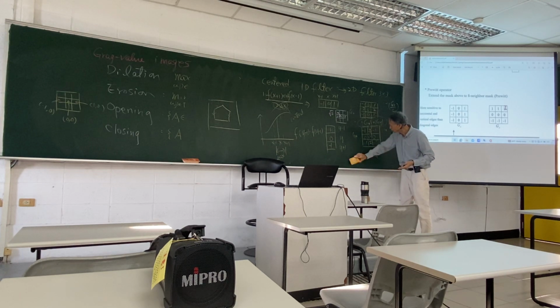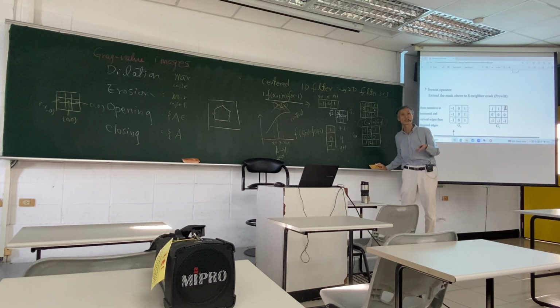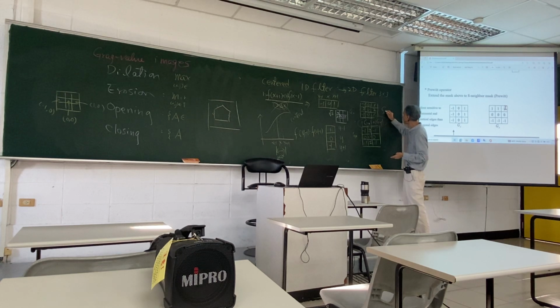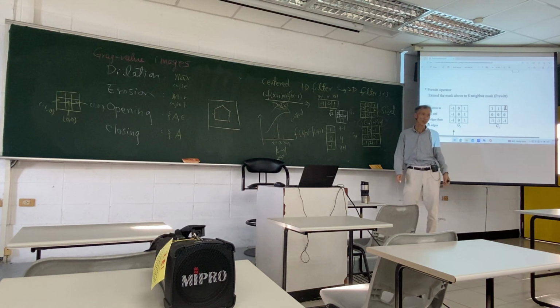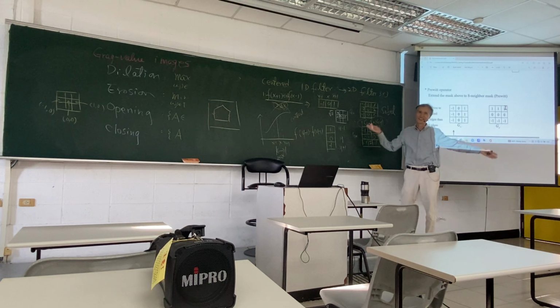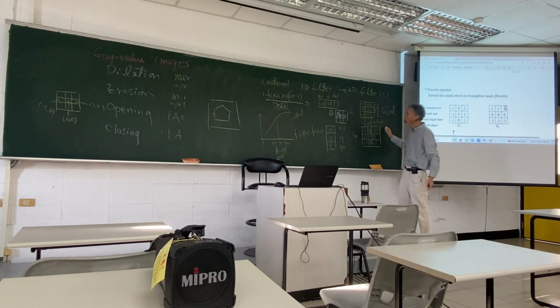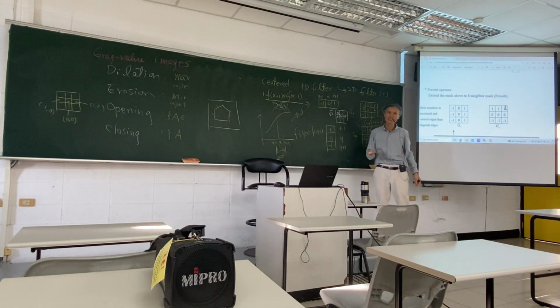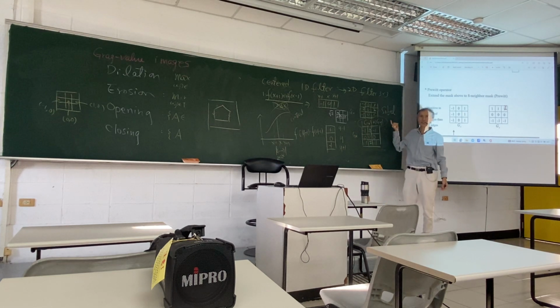This is the final filter, and this is the most famous edge detector, called the Sobel operator. Everybody uses it for edge detection. If you go to OpenCV, this is the name you input.